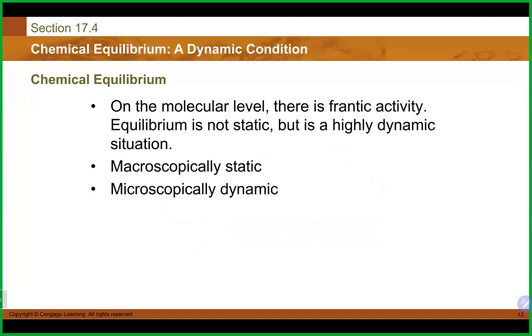As I said, it is static on the big level. If you looked at your beaker, it doesn't look like very much is happening, but there is a lot of activity happening below the surface, if you will, on the molecular level to maintain that system at equilibrium. So although you may not be able to visually see things happening, there's a lot of activity as the forward reaction and reverse reaction are continuously happening.